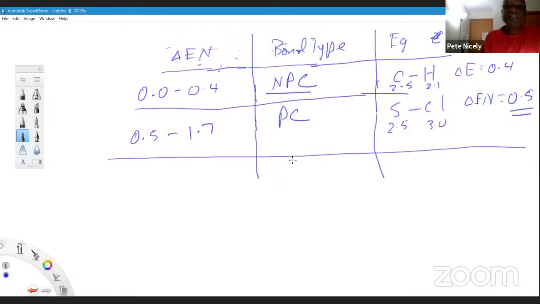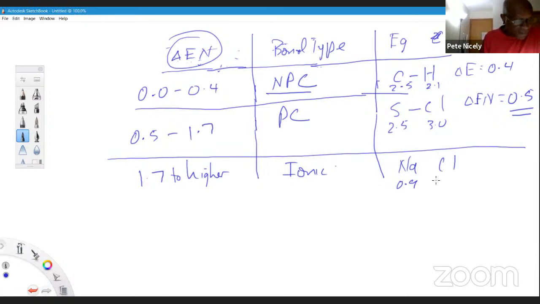And then finally, if the difference in electronegativity values goes from 1.7 to higher, then the bond is essentially ionic. For example, in the case of sodium chloride, sodium has a value of 0.9 and chlorine has a value of 3.0.